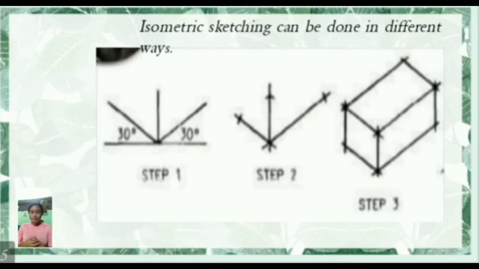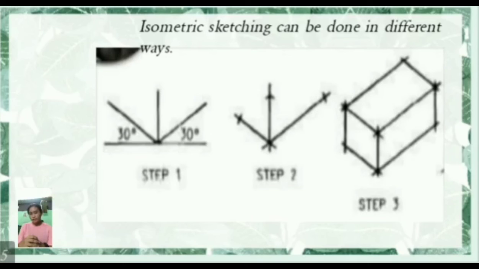Isometric sketching can be done in different ways. So we have step 1, step 2, and step 3 sa pagbuhat og objects using isometric sketching.